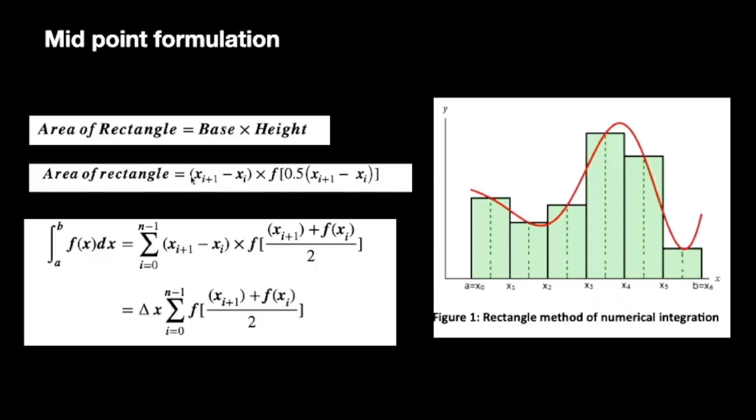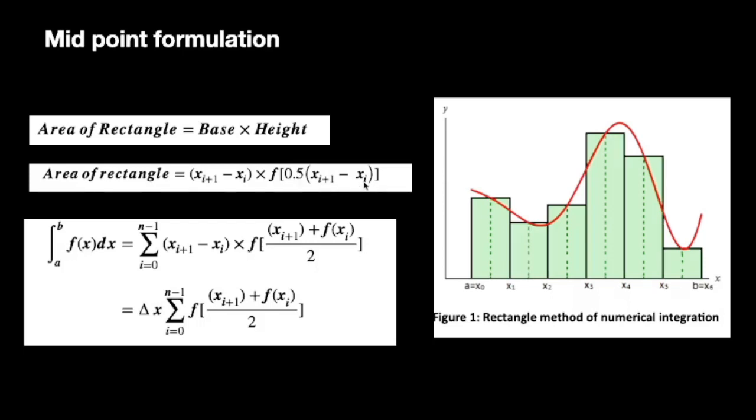So this first term in the formula gives the base width, or width of the strips. The second part of the formula, if you look at the argument here, this is the midpoint: (x(i+1) minus xi) divided by 2, that is 0.5 times the width.